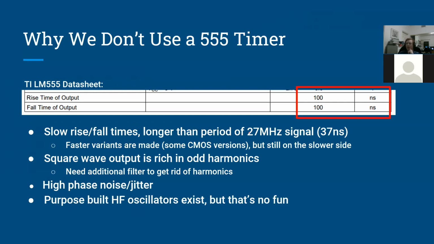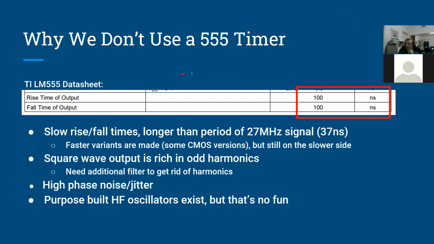So you might ask, why can't we use such a device as an oscillator for this project? And there's a couple reasons. This is a small excerpt from one particular 555 timer datasheet, and it specifies the rise time of the output and the fall time of the output as 100 nanoseconds.